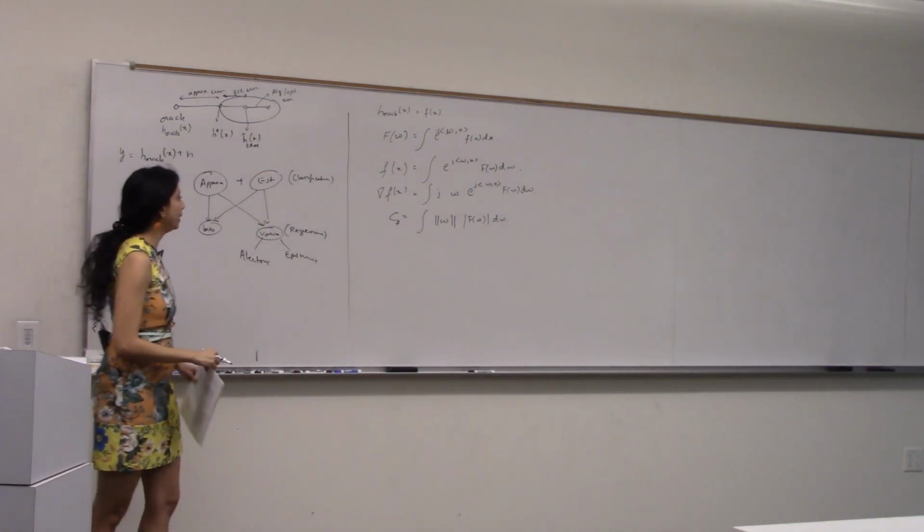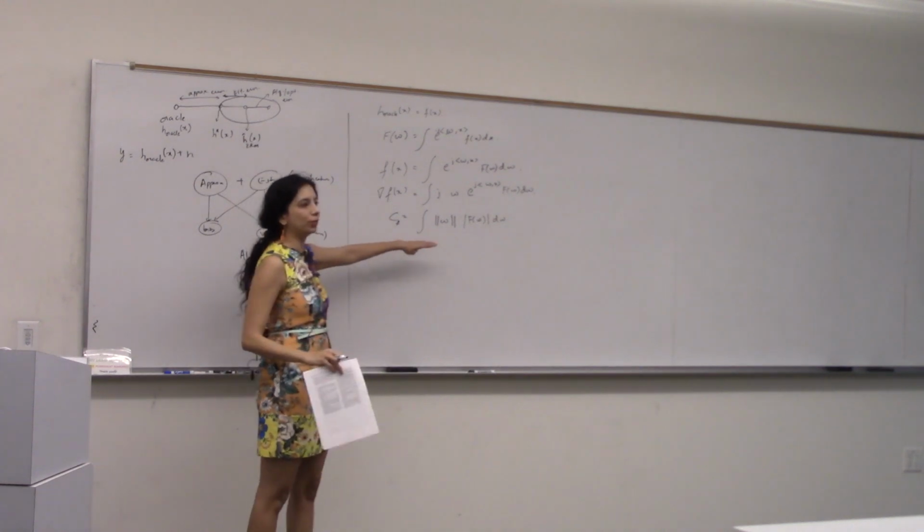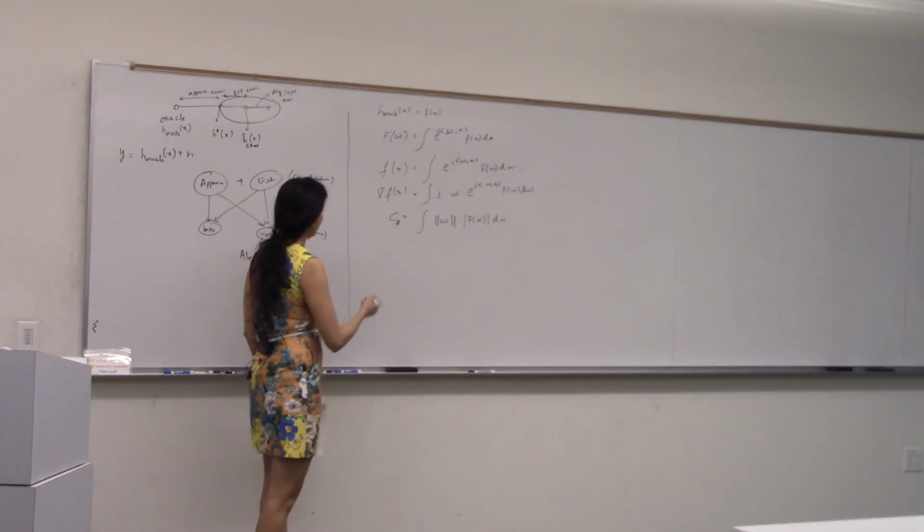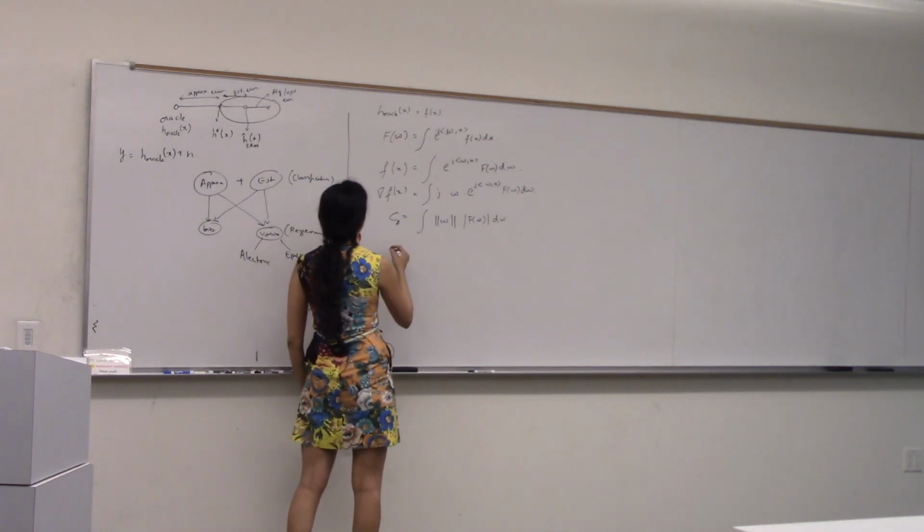So this gives me a bound on how smooth the function is. The smaller this is, the smoother the function. And we said the approximation error, right?